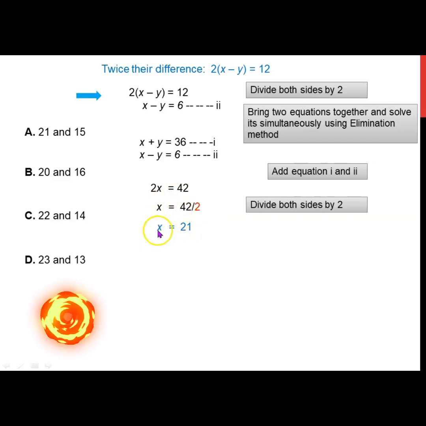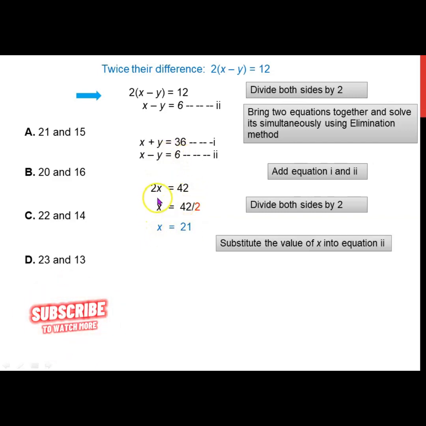Now we have the value of x, so let's substitute it into equation 2. You can use either equation, but I will use equation 2, x minus y equal to 6. Substituting x, we have 21 minus y equals 6.